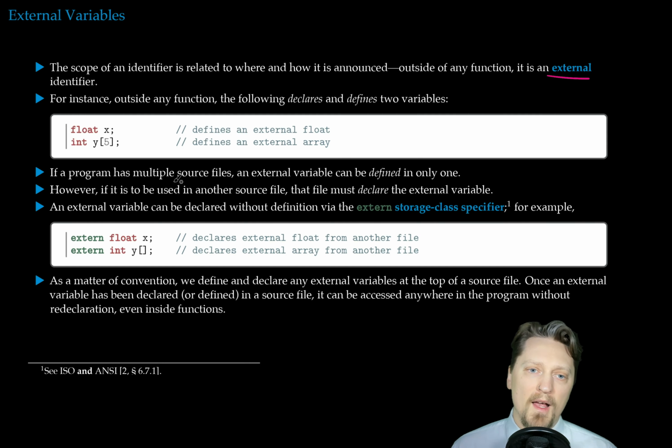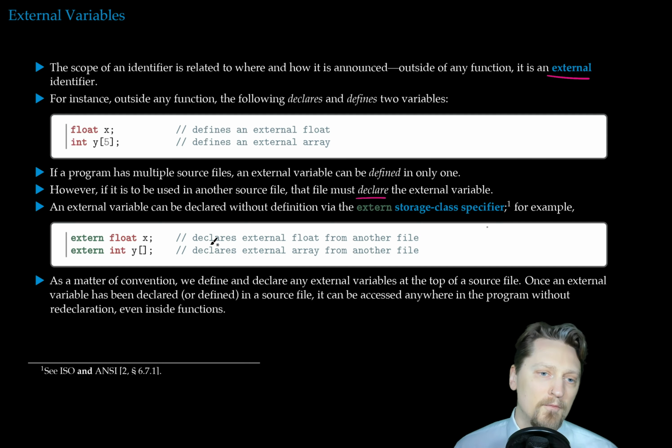If a program has multiple source files, an external variable can be defined in only one of those files. However, if it is to be used in another source file, that file must declare the external variable. An external variable can be declared without definition via the extern storage class specifier.